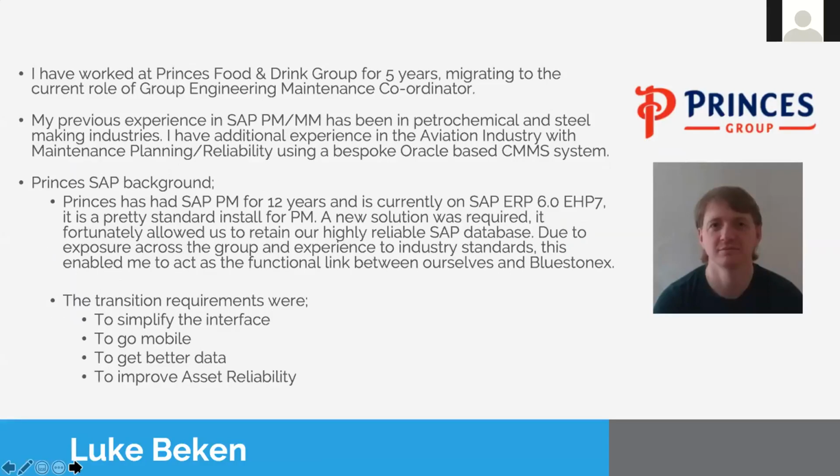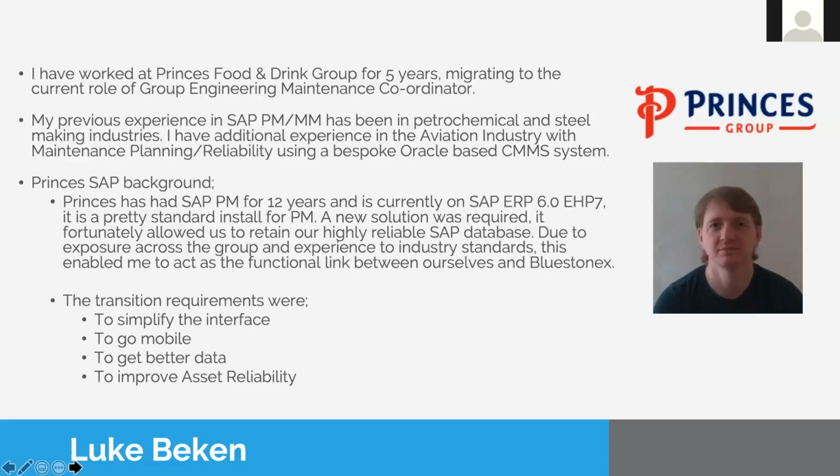In terms of where we were before, we use SAP PM, ERP6, pretty standard. And basically, we're all using it slightly differently. We're not getting very good data, and we needed a better solution, which is how we began a journey with Bluestonex. And really, the best bit on this slide to focus on is the bottom 4 little bullet points, the transition requirements.